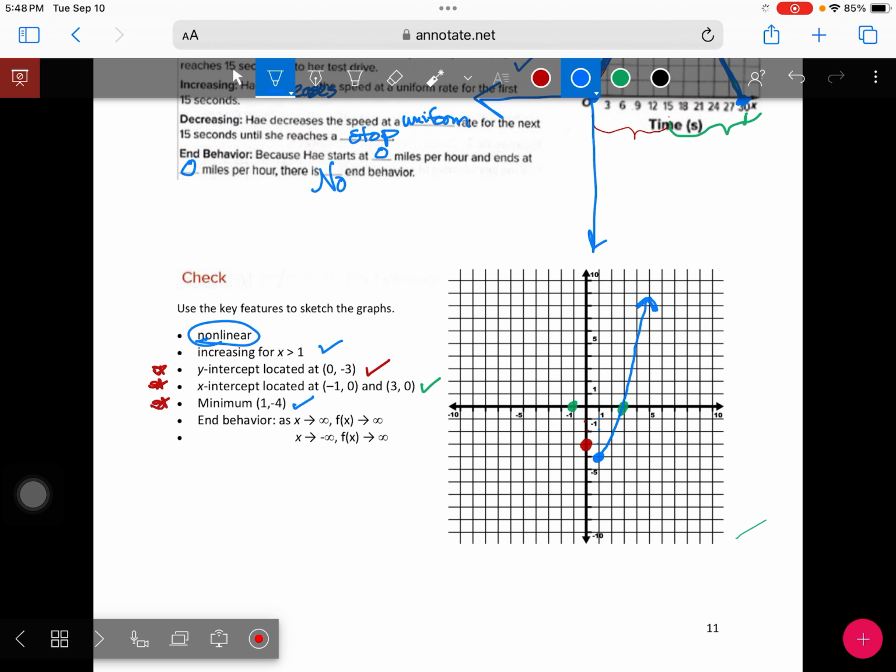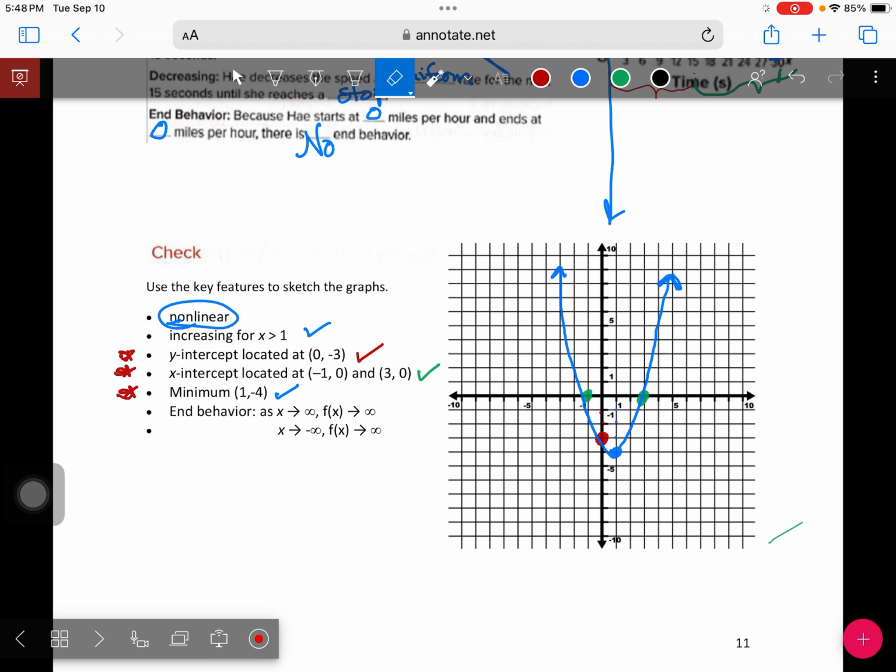Okay, so we keep going there. And as x approaches negative infinity, as I am going towards the negative direction here, my graph should also do that. So here is my graph. Should be pretty symmetric. And that is a parabola. Okay. All right. So there it is. Now it's not quite perfect, but it looks pretty symmetric.